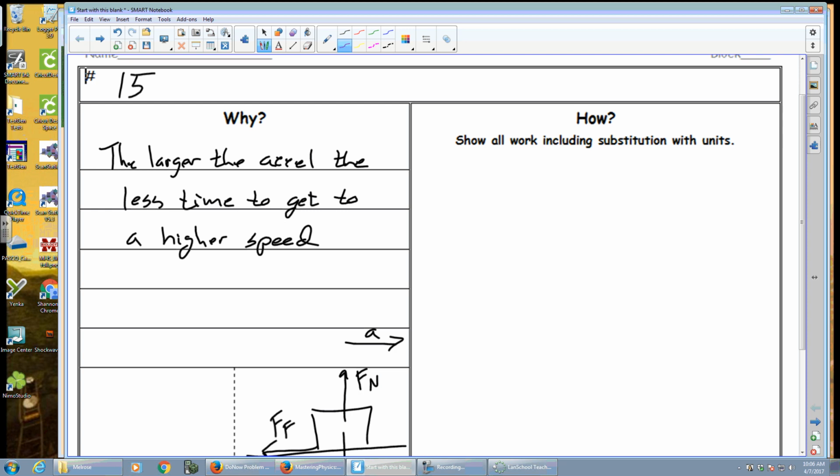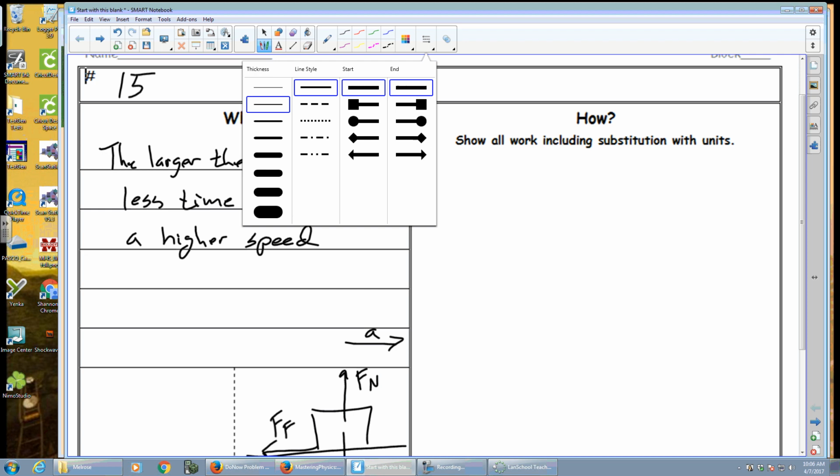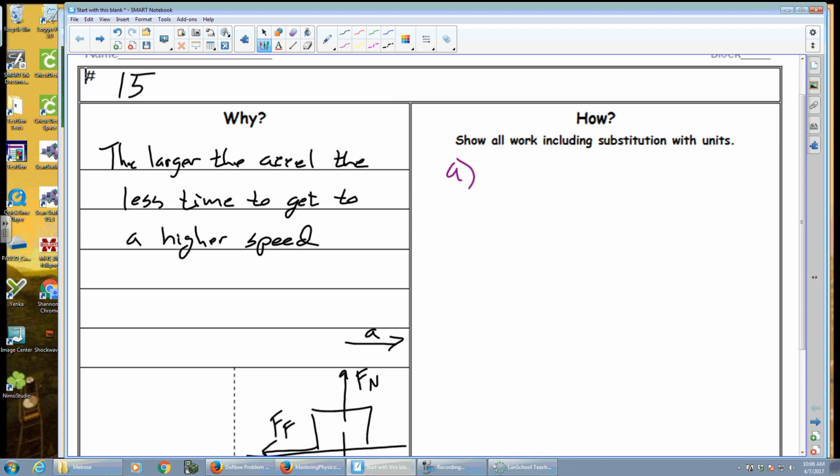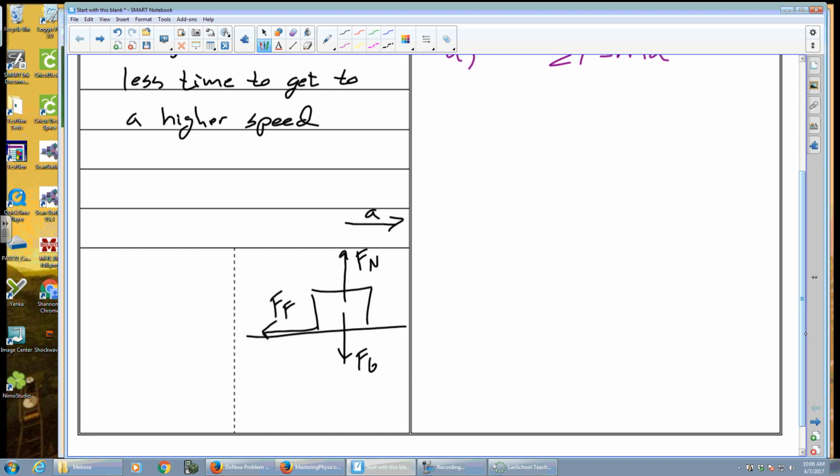let's do the first part. So this is part A. I'm going to use the sum of the forces equals ma. Right? Now, if you look at our diagram, there's a small problem. Look at the object.